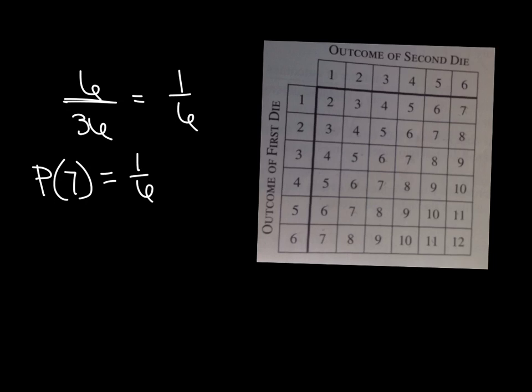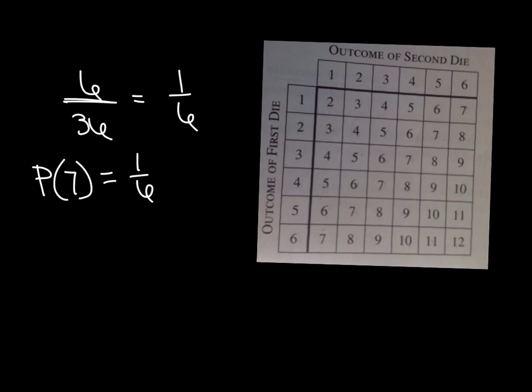So there's 36 possible options when I roll my dice. And I'm only interested in how many 7s there are. There are 6 7s. So that means I have a 1 in 6 chance of rolling my dice in such a way that I get a 7 when I add them up. So we use the letter P for probability, and then we put the number that we're looking for there. So the probability of getting a 7 is 1/6.